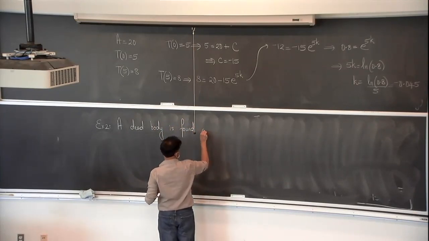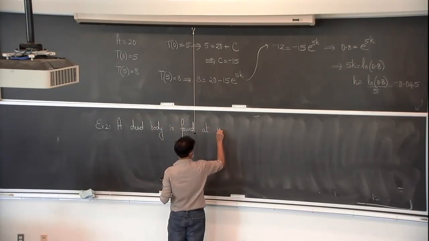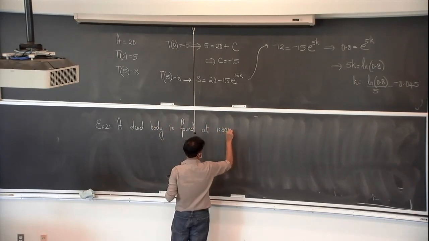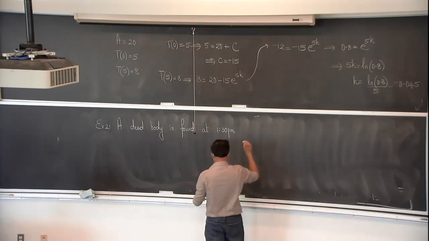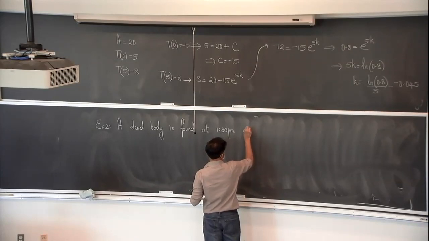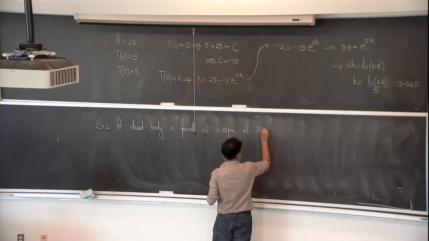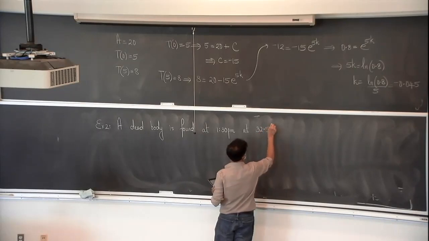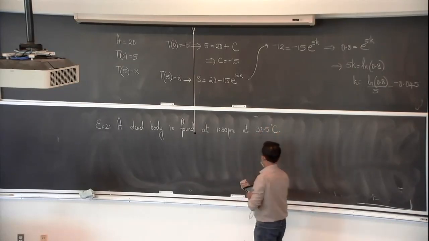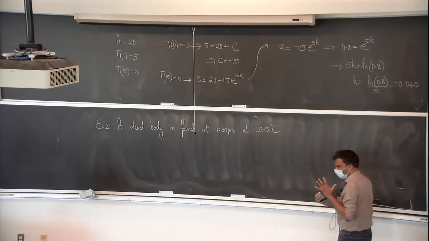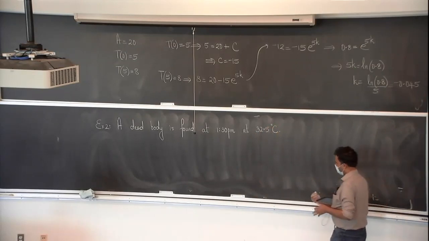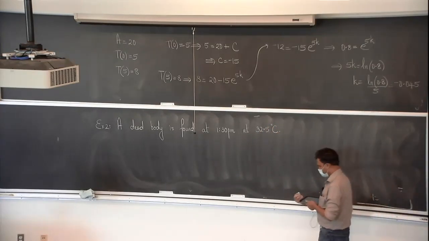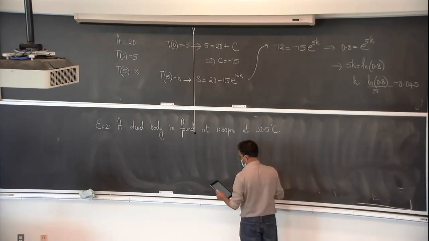At 1:30 p.m. at 32.5 degrees Celsius. That's a pretty warm room. Okay, 32.5 degrees Fahrenheit would be freezing, but degrees Celsius is kind of uncomfortable.